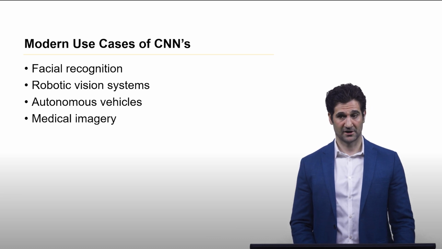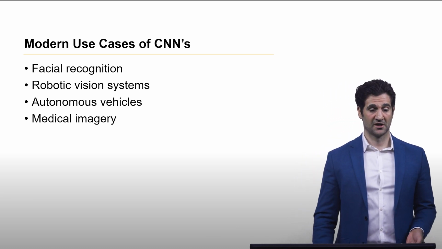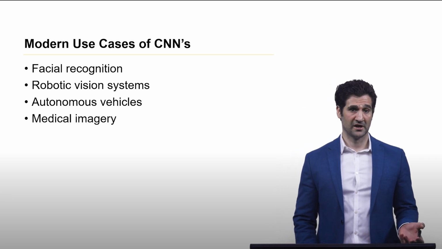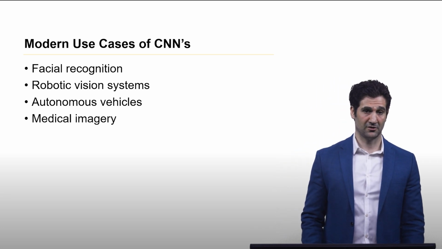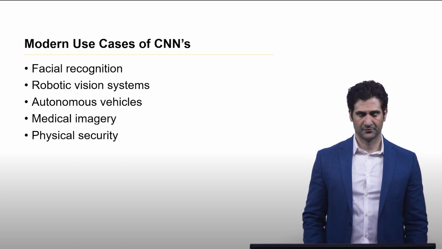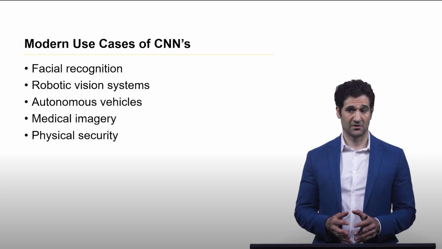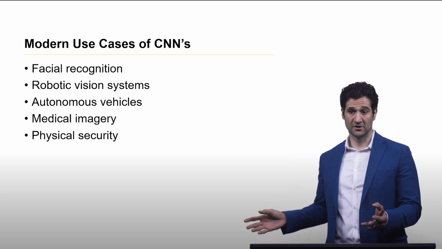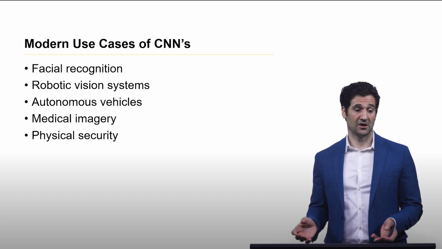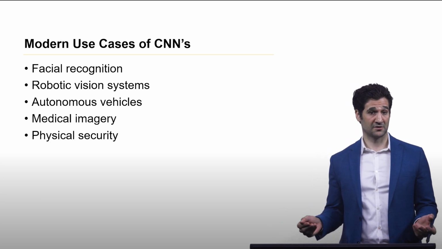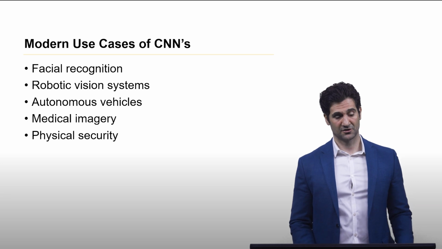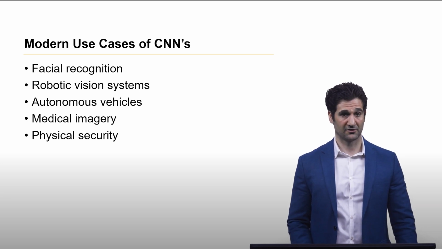Medical imagery is another really interesting use case. Here in Arizona, the Mayo Clinic makes extensive use of CNNs for analyzing medical imagery for various illnesses or diseases. Physical security: if you have security cameras and you want to see if someone's trying to gain access to a building, being able to pick out suspicious behavior, recognizing it with a CNN is another use case, and there are several companies that actually do this today.